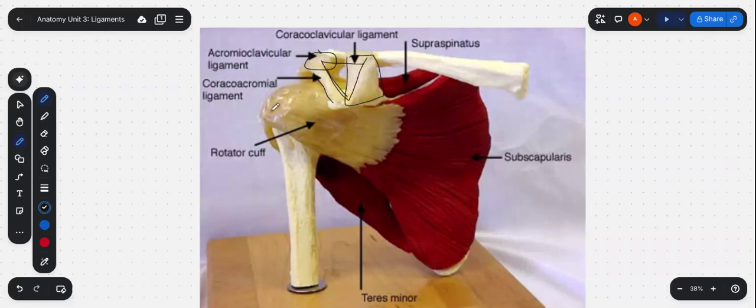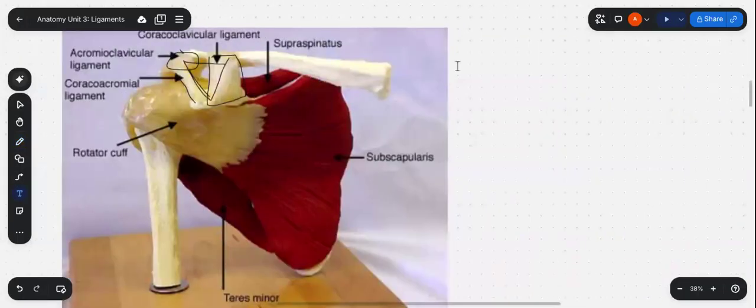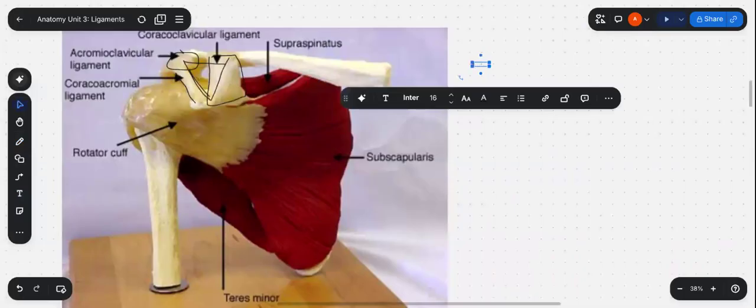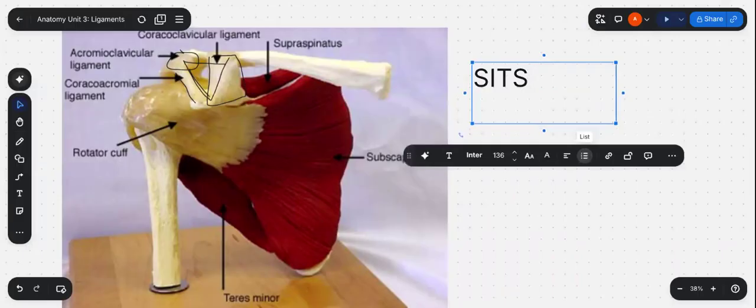Then you have the different tendons of your rotator cuff. So the acronym that I like to use for your rotator cuff is SITS. And the first muscle tendon that is in charge of this mnemonic is the supraspinatus muscle tendon.